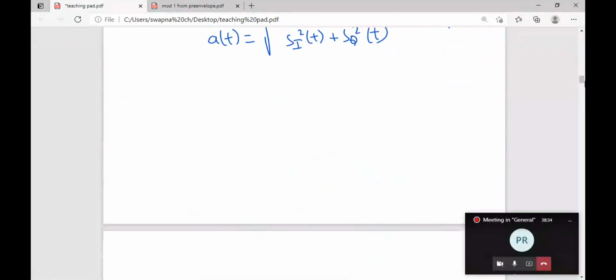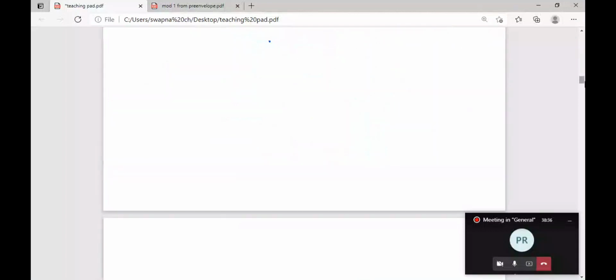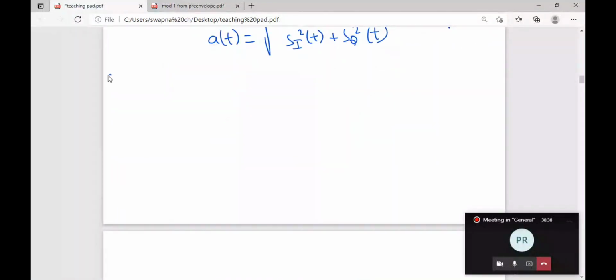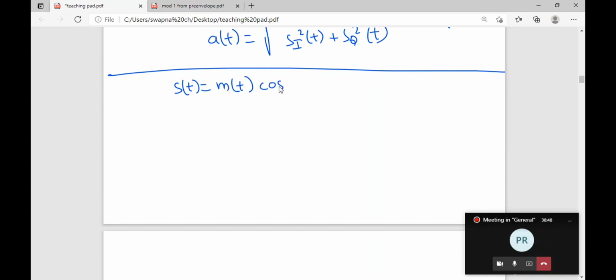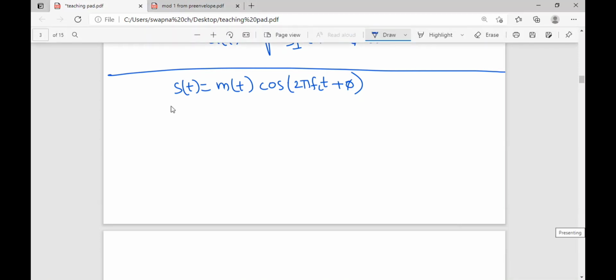Okay, I'm going with a new problem. Now for the AM signal, s of t is equal to m of t cos 2 pi fct plus phi. The signal given is this. Find the following. The first one is pre-envelope.